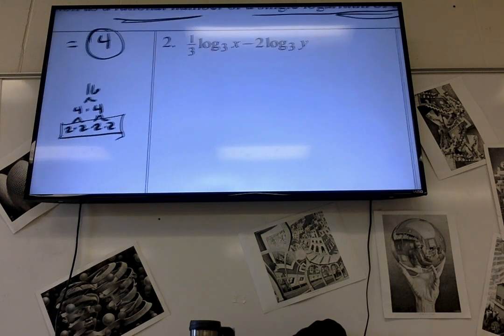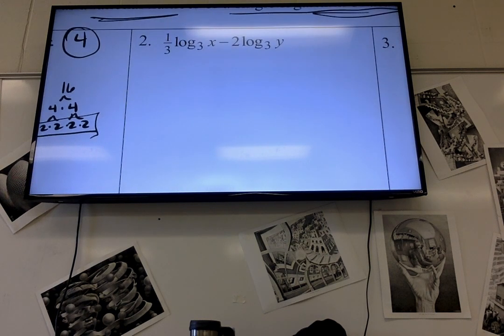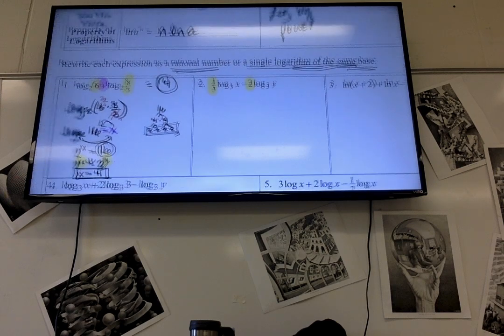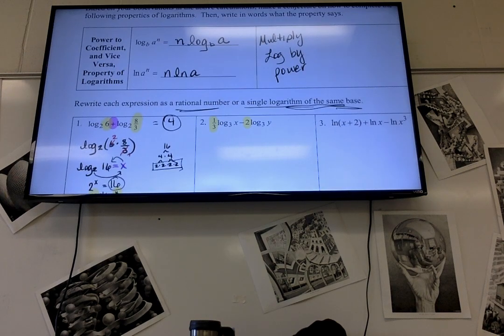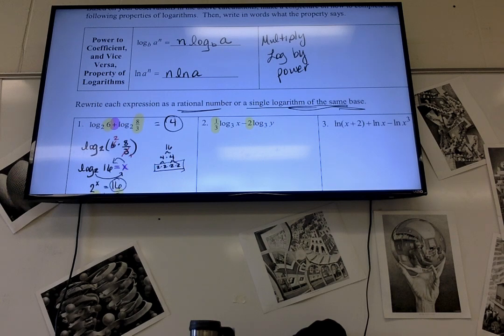Okay. So on the next ones, we do the same thing, only notice on these there's a number in front. So when you have a number times a log, we can rewrite it how? Oh, you would just rewrite it as the exponent? Yes, you're absolutely right.